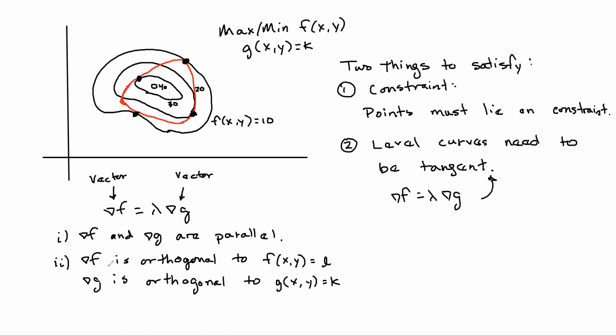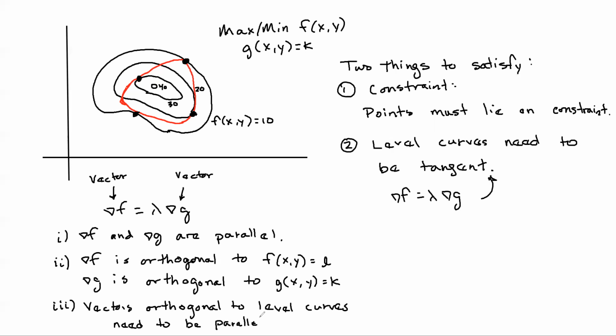Step two says that the gradient is orthogonal to a level curve. All right, so if you put those two together, step three, it's saying that the vectors that are orthogonal to the level curves need to be parallel.